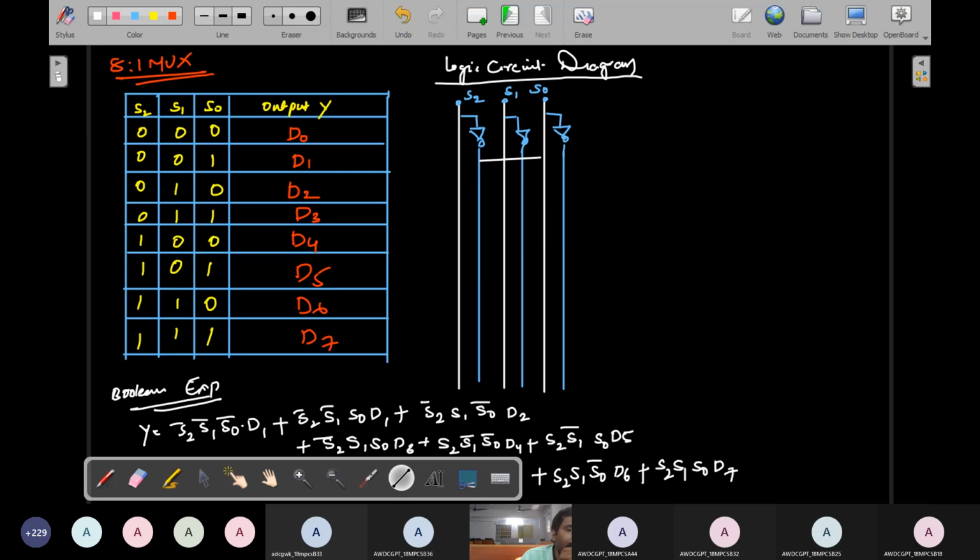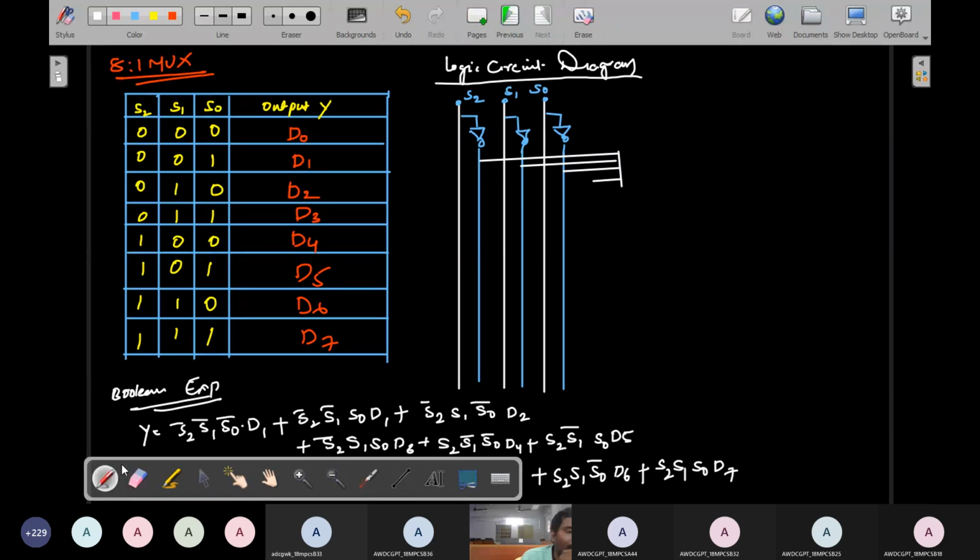Simply take one: this is the first, second, and this is the third, and the fourth terminal I stop here only. Using the first condition, 0 0 0, so that's why 0 0 0.